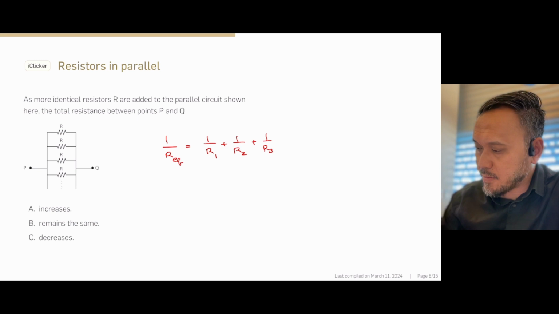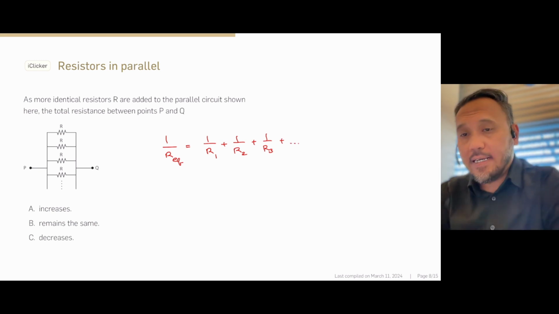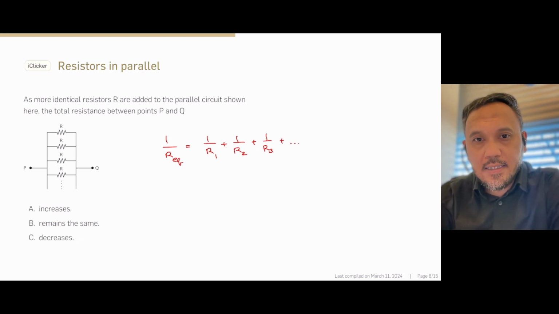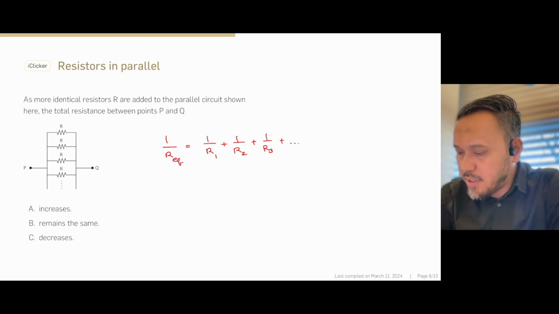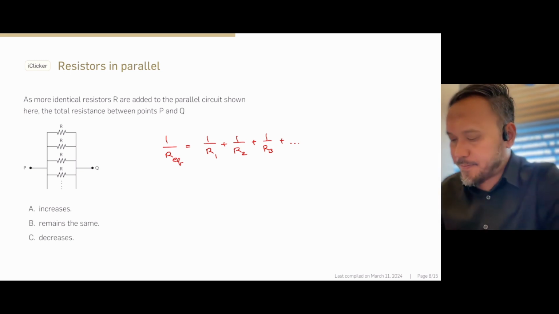All right. So the question is, as more identical resistors are added to the parallel circuit shown here, the total resistance between point P and Q is.